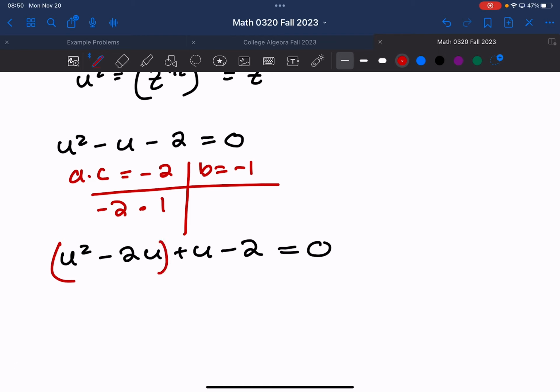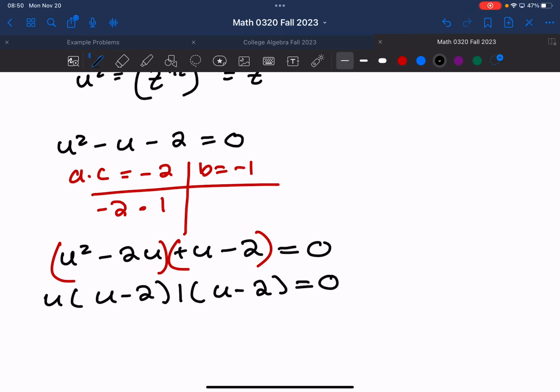Do factor by grouping. In the first one, we could take out a u, and we're left with u minus 2. And notice how the next parenthesis already is u minus 2. So that means we technically don't want to take out anything that's going to change our problem. So we're going to take out a 1, u minus 2. If we take out a 1, it does nothing.